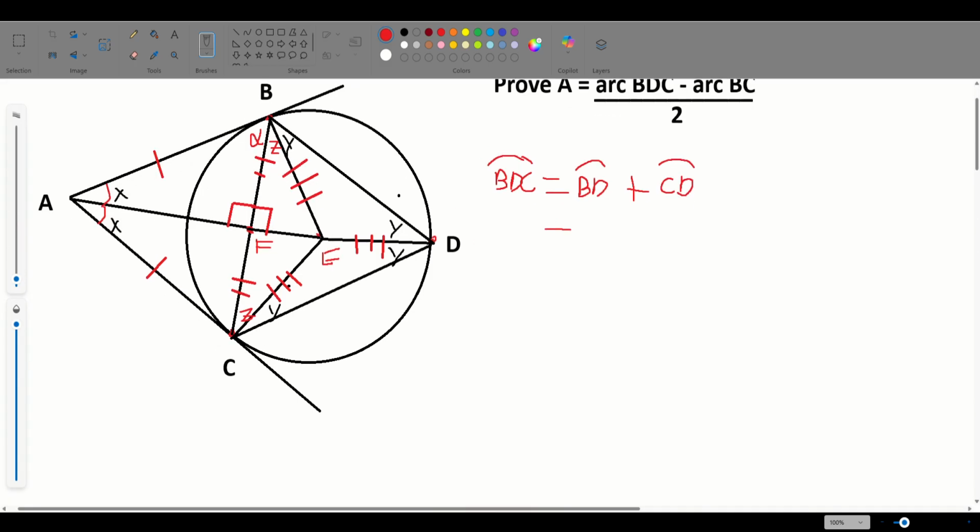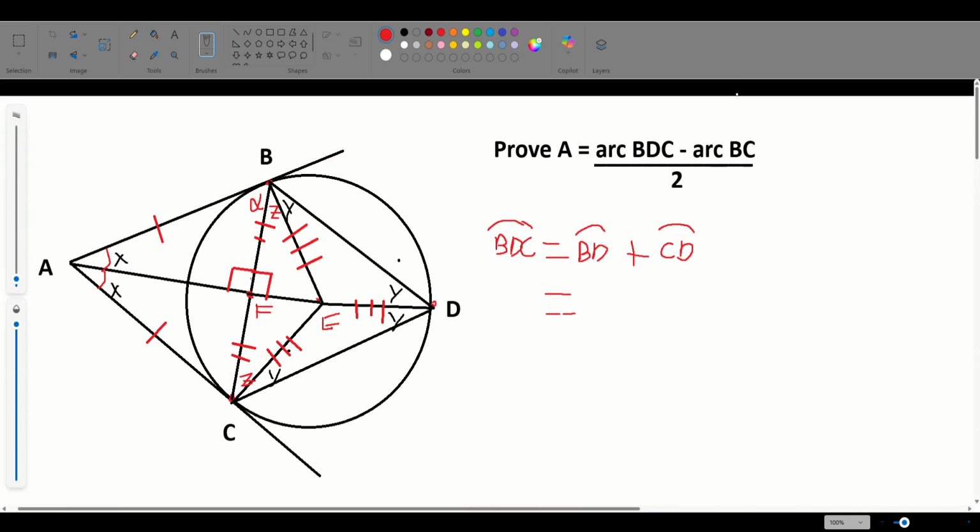Now we can turn arc BD into these variables because this is an inscribed angle. Let's recall the inscribed angle and intercepted arc relationship: twice the inscribed angle is its intercepted arc.